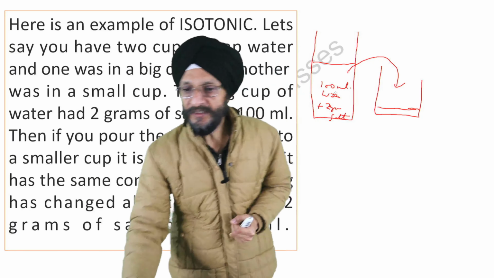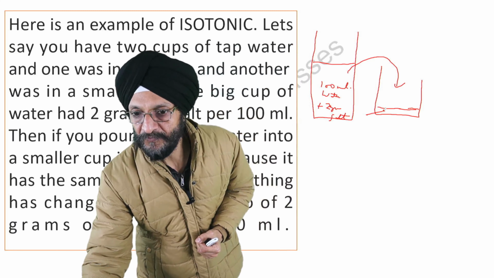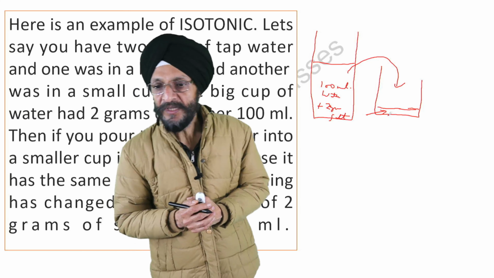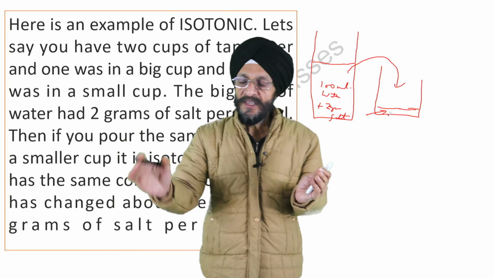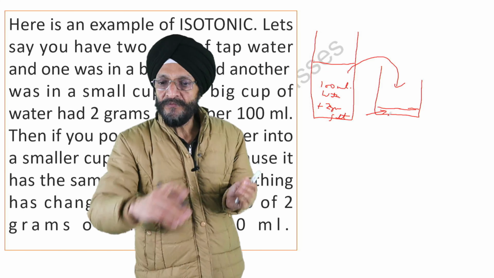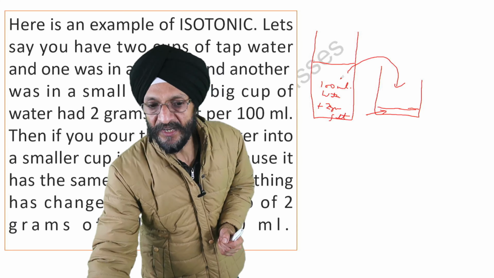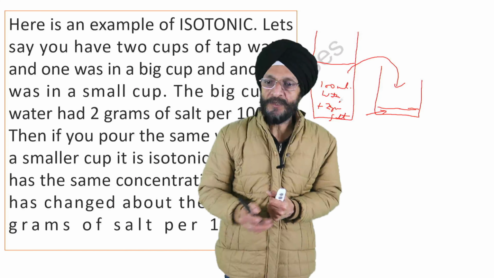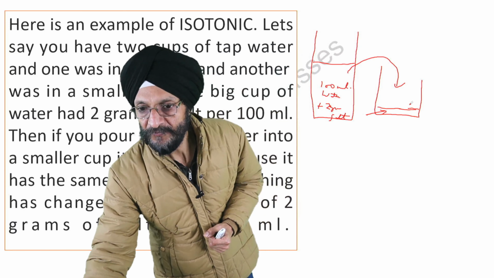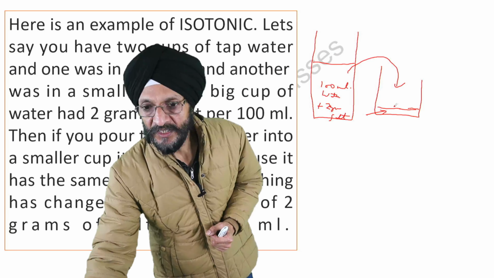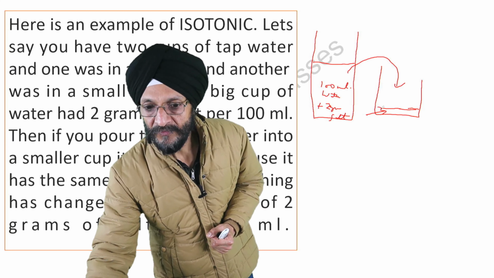So the solution which is present inside this small cup is also the same as compared with the solution which is present in the big cup. So the solution which has been placed in the smaller cup is isotonic because nothing has changed.